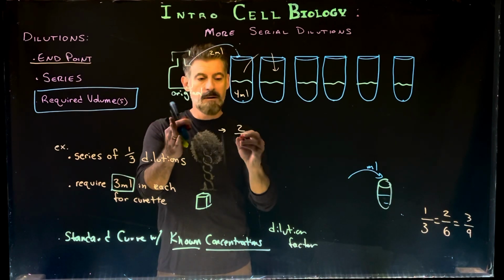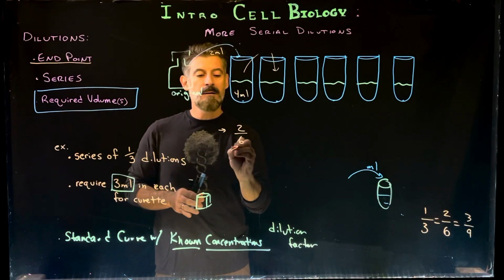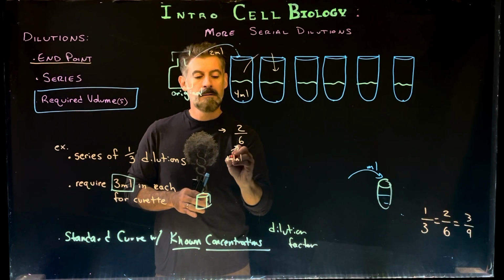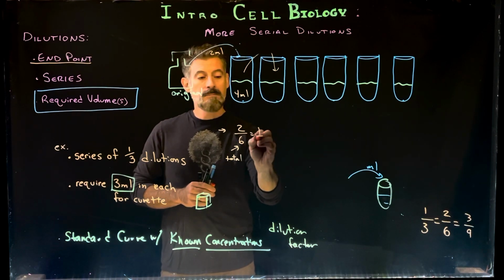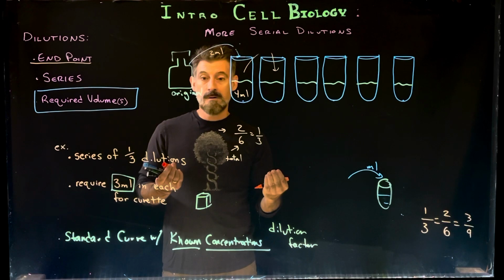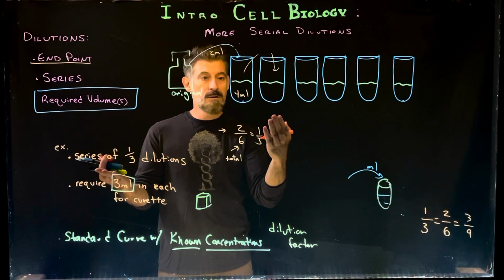We go back to what we thought about before. 2 plus 4 is 6. 6 is now going to be our total. That's the same as 1 to 3. That's a 1 to 3 dilution. Okay, so that's our first dilution.